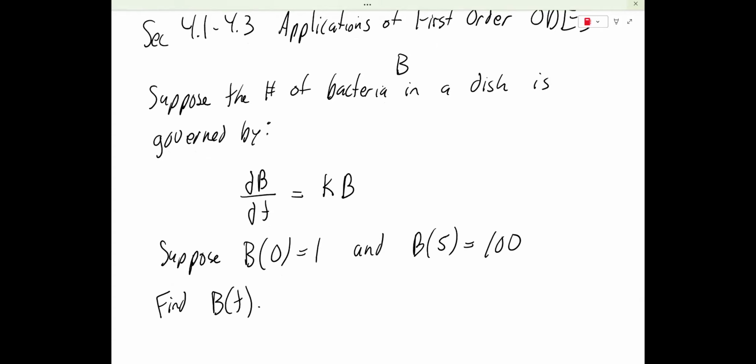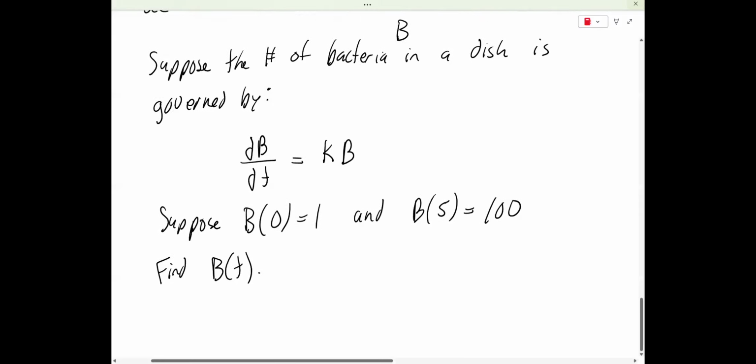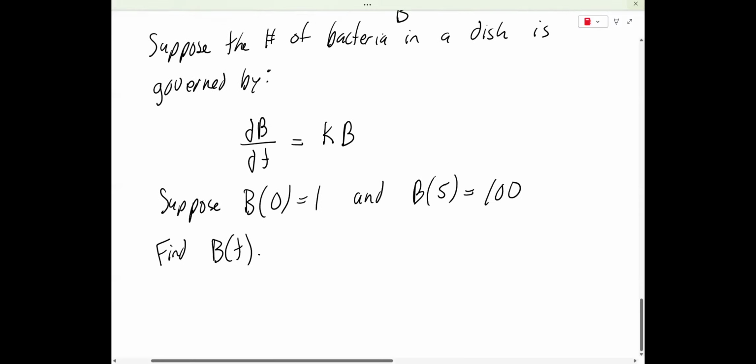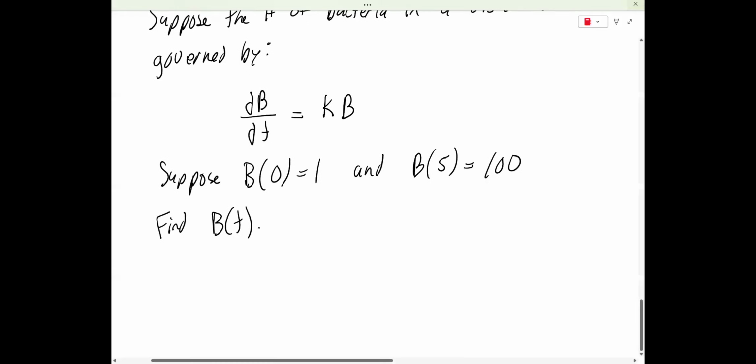So basically what we're doing here is solving this separable differential equation. We have this k in here, this constant, but we're just solving the separable differential equation. It's also a linear differential equation. You can do it that way, but we'll do separable. So we'll do it by separation of variables.